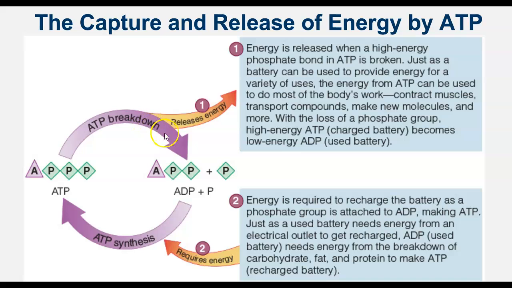Your cell phone is using energy all day. We're releasing that energy so that we can use the phone. And it leaves us with this weakened battery, ADP. And then we will plug it into the charger to add energy. So energy is required to build ADP back into ATP. So all energy is just recycled in our body.